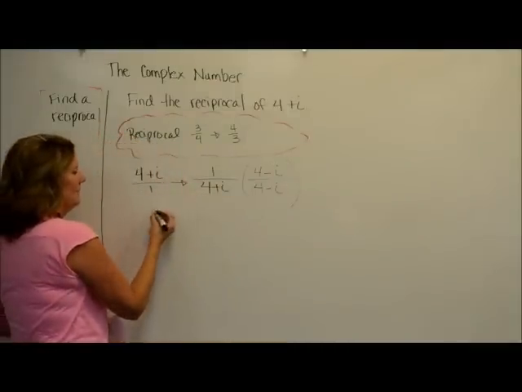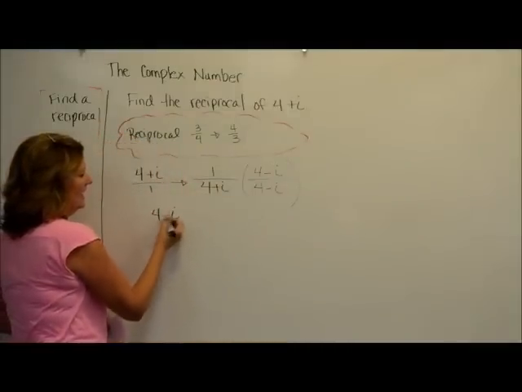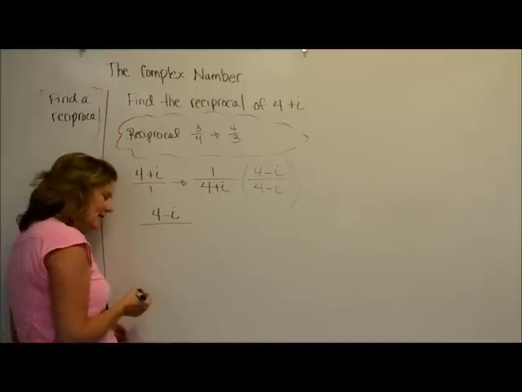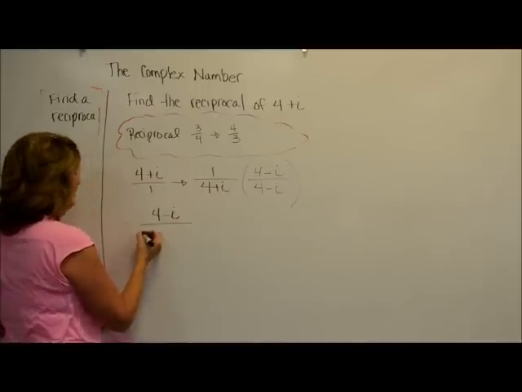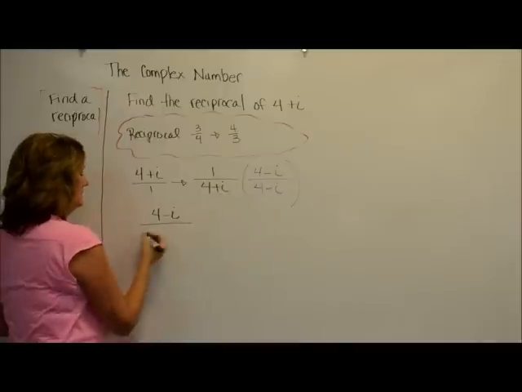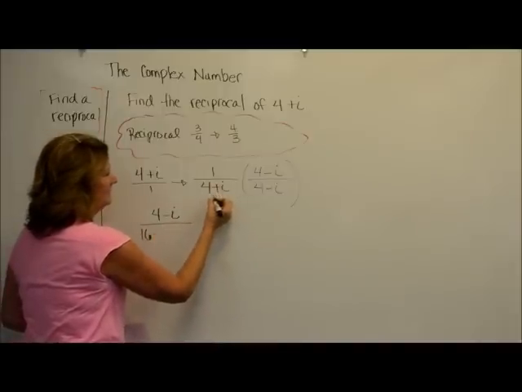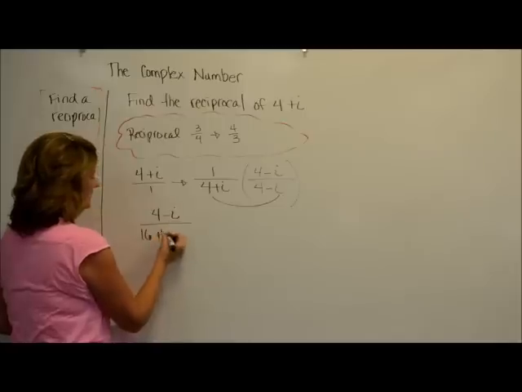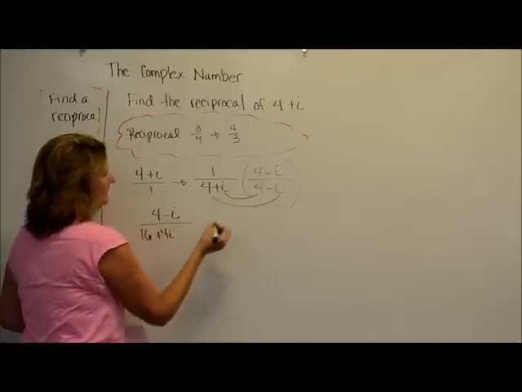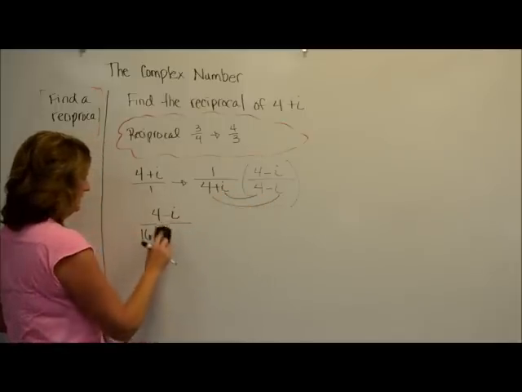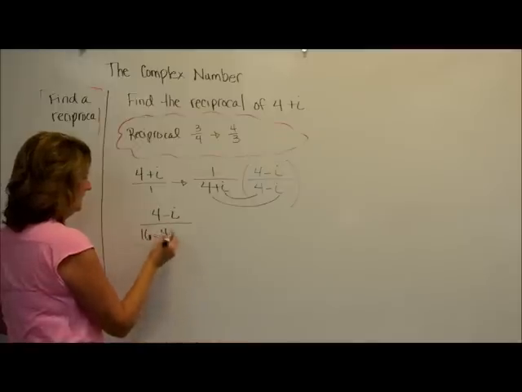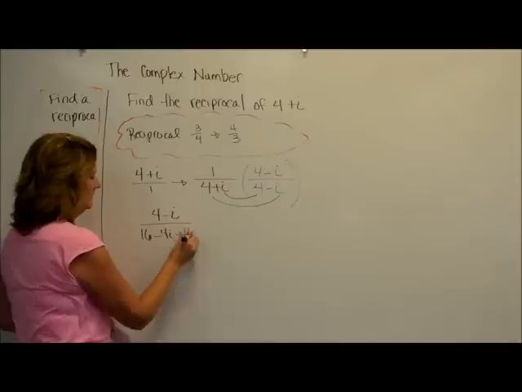So on the top, I'm going to end up with 4 minus i. On the bottom, though, let's walk through it: 4 times 4 is 16. And then I get minus 4i on that one. Sorry, back up. My next one, though, is plus 4i.